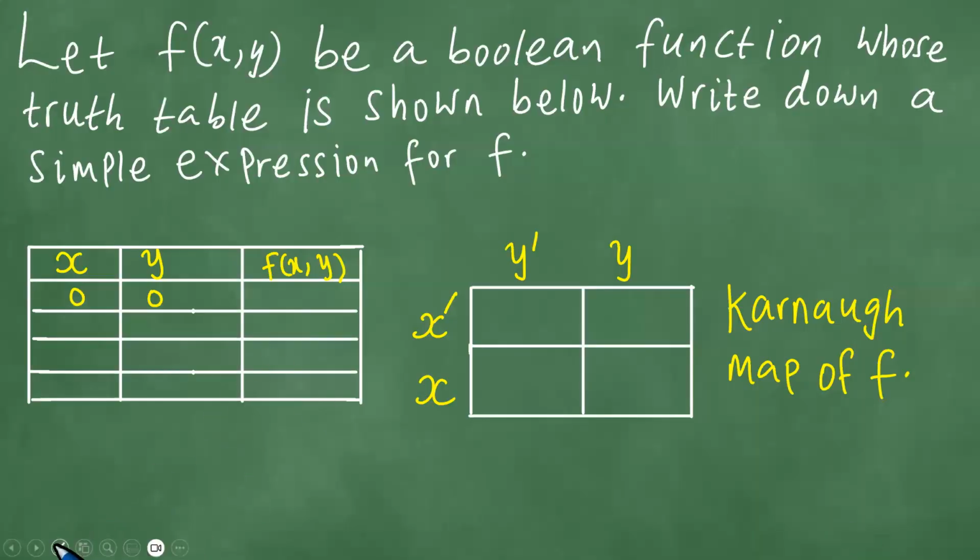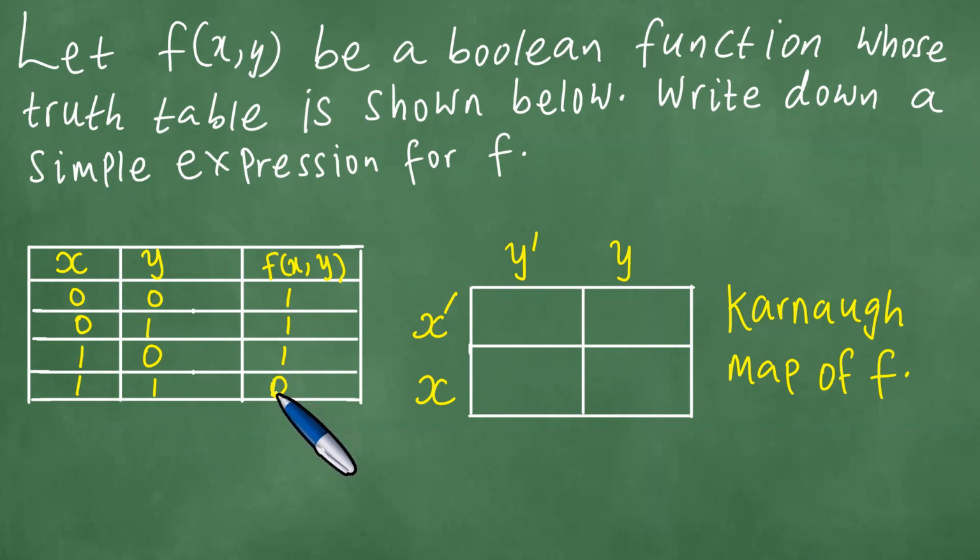So now using the Karnaugh map of f, we have what? This is 0, 0, 1. This one is 0, 1, 1. Then 1, 0, 1. Then 1, 1, 0.